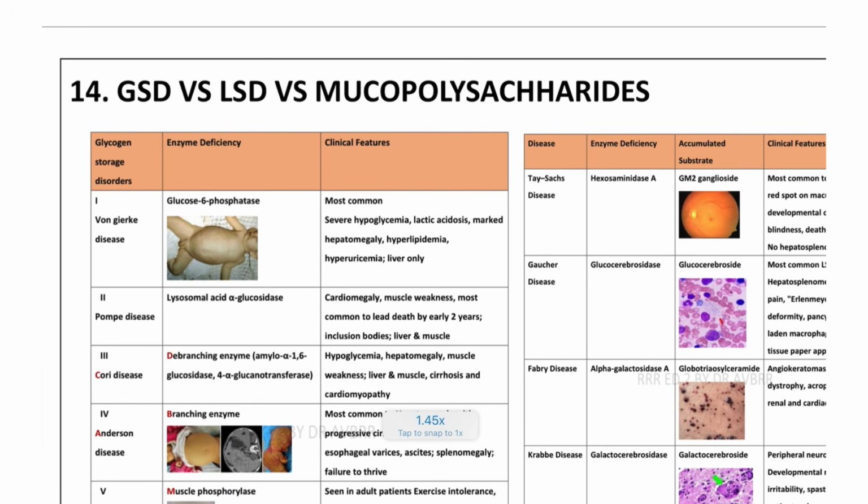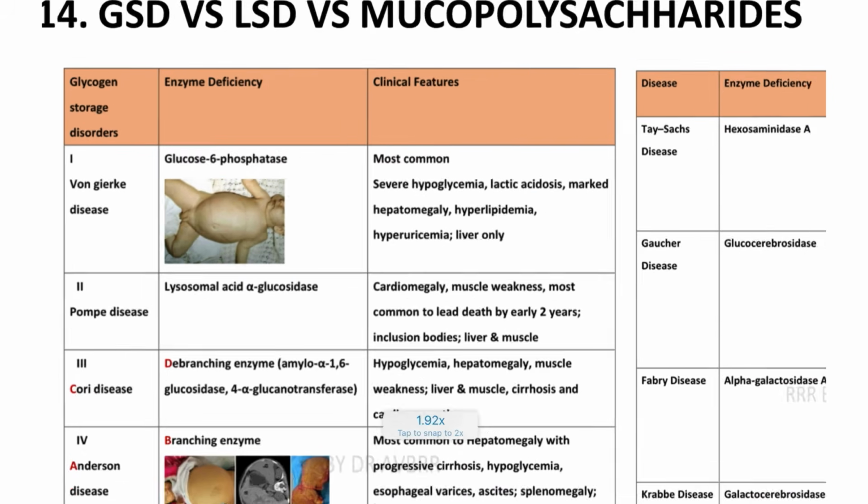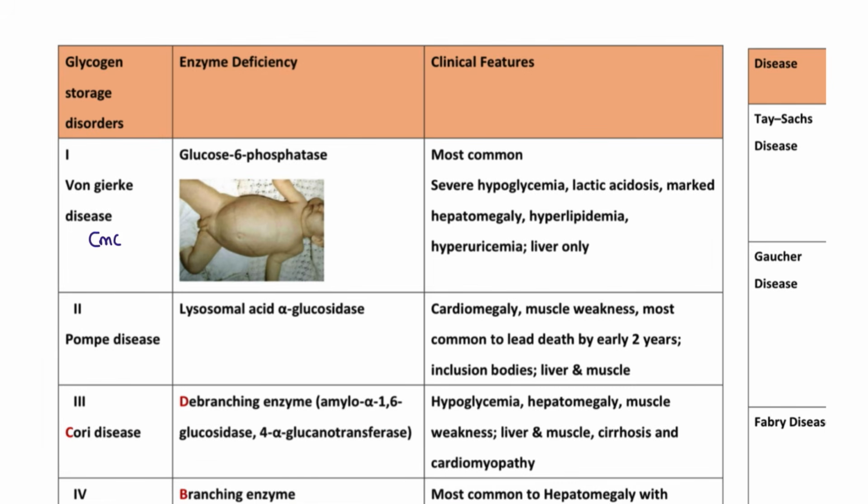Next, moving on to the glycogen storage disorders. The most common one is von Gierke disease, due to deficiency of glucose 6 phosphatase, and this is associated with fasting hypoglycemia, lactic acidosis, and marked hepatosplenomegaly. Hyperlipidemia and hyperuricemia are seen in this patient, but cirrhosis is very unlikely and rarely seen.